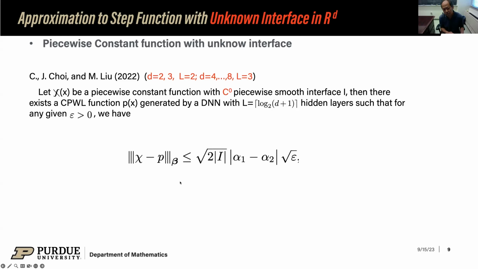And we can show, in some strong norm, because we're looking at hyperbolic conservation laws, that the error in approximating this step function is the square root of epsilon, and epsilon can be any given accuracy, any number. And alpha 1 and alpha 2 are the jump.